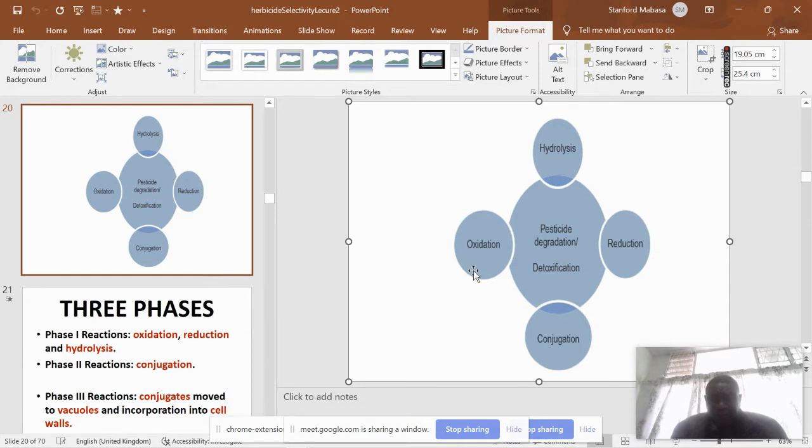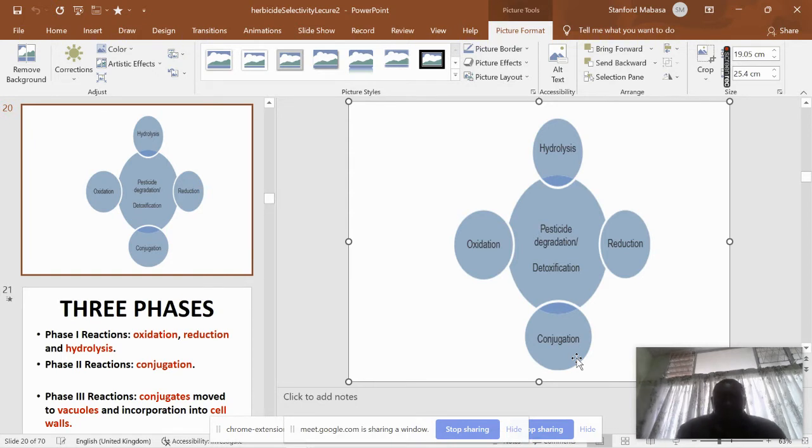And of course, these three processes occur in what we call phase one. And there's what we call conjugation, which is quite a number of processes which will form what is known as phase two and phase three.